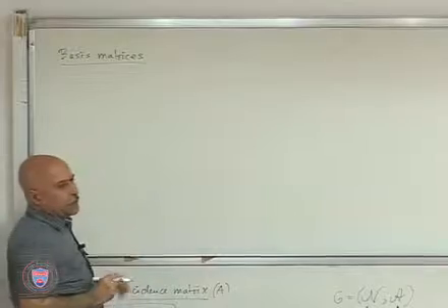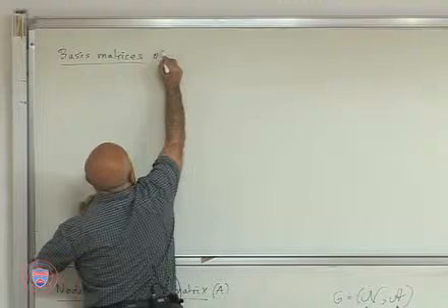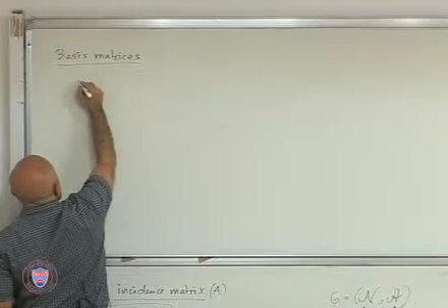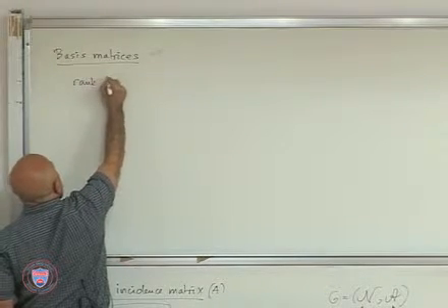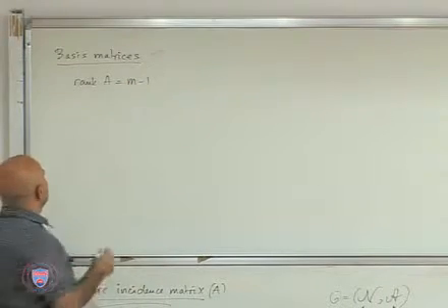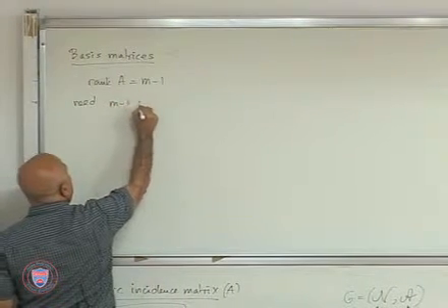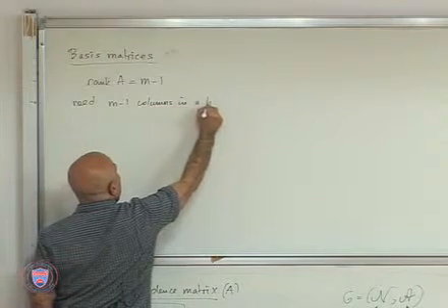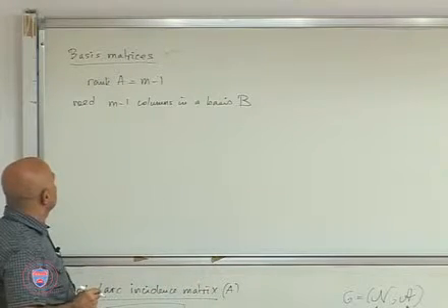And that brings us to the topic of basis matrices of the A matrix. Well, first of all, the fact that the rank of A is equal to m minus 1 tells me I need m-1 columns in a basis B of the matrix.